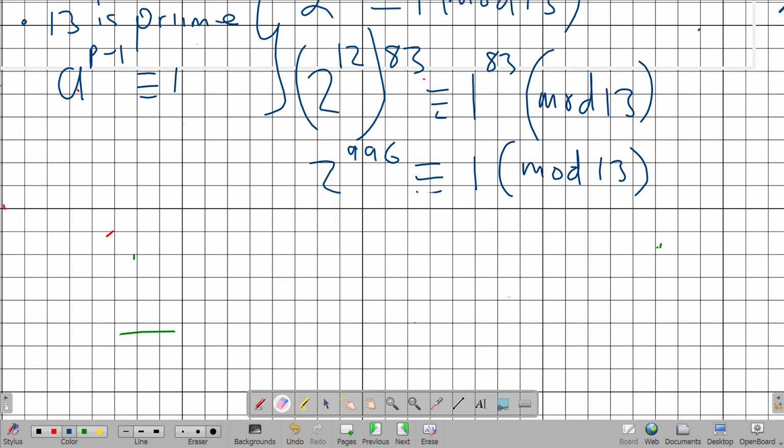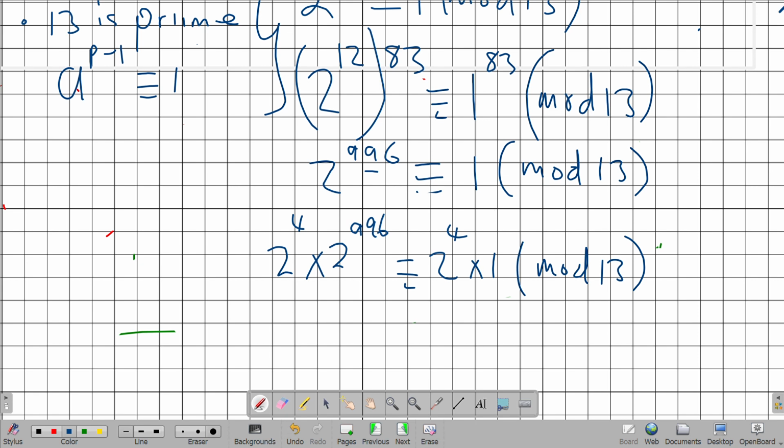So now, since we've got 2 to the power of 996, what we are interested in is 2 to the power of 1,000. So we just need 4. And we're going to put 2 to the power of 4 on both sides. And this is reduced.